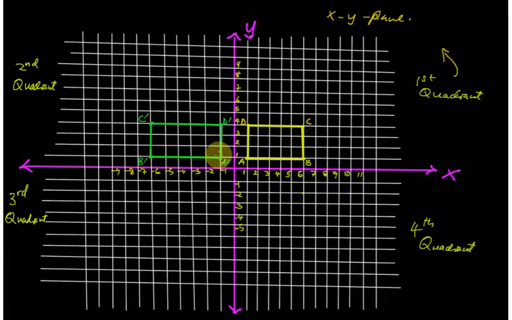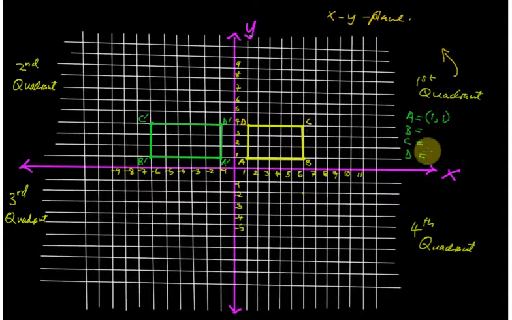Now let us go ahead. We have to show the corresponding points. So the points here were A, B, C, and D. A is our starting point.